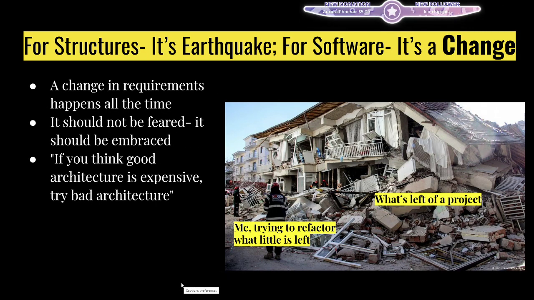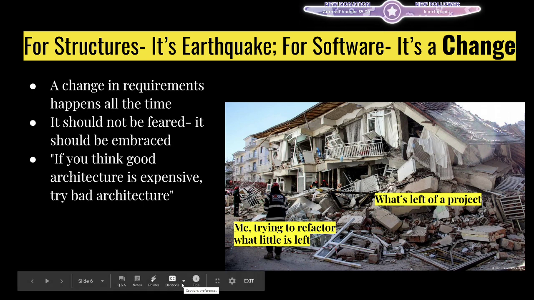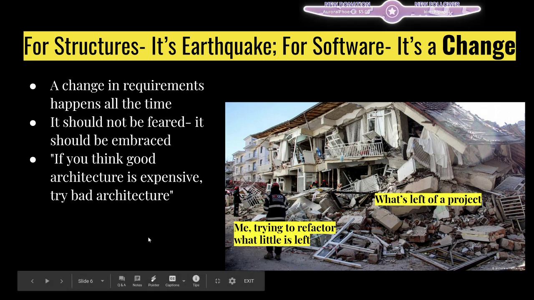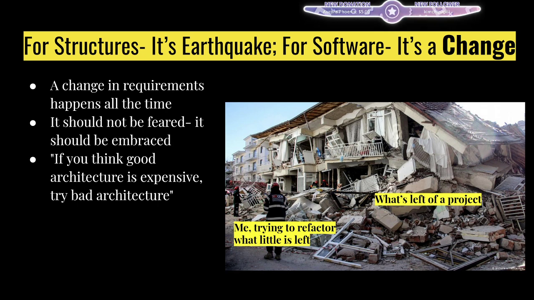If we talk about software as construction work, for structures, the biggest issue is earthquakes. They break structures and make buildings collapse. For software, earthquakes are casual changes, and those changes happen all the time. So as software developers, we always need to take into account changes that will happen to software, and design it to be change proof.